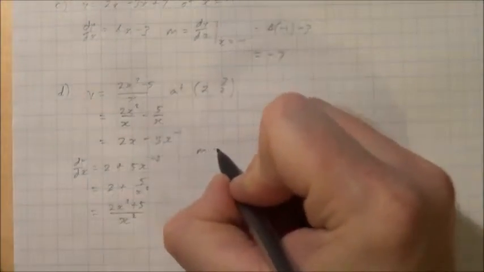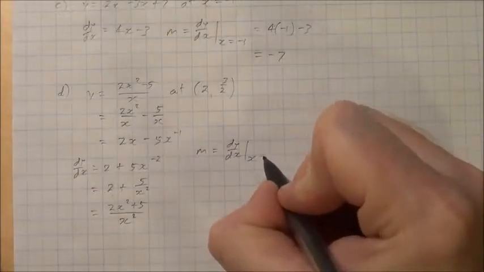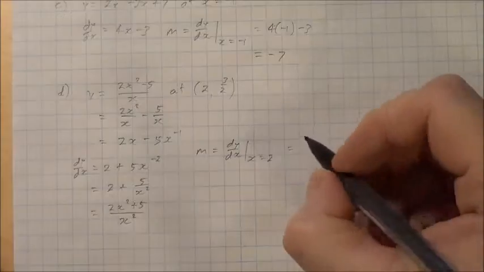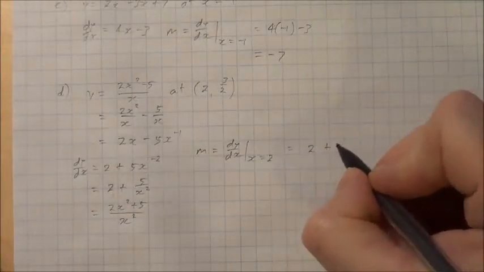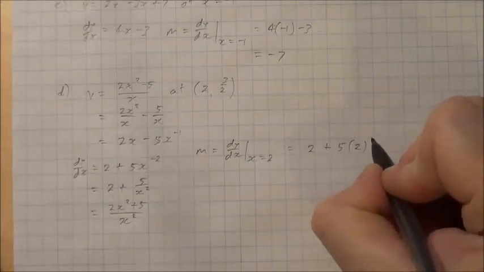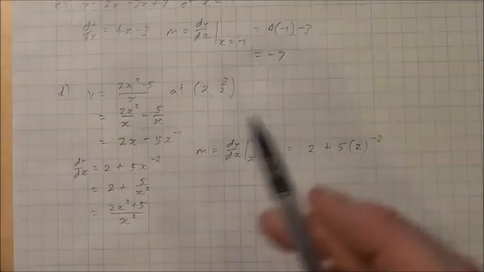And when I calculate the gradient, I evaluate dy by dx at x equals 2. That gives me 2 plus 5 times 2 to the negative 2. I put it back to this original form just to evaluate it.